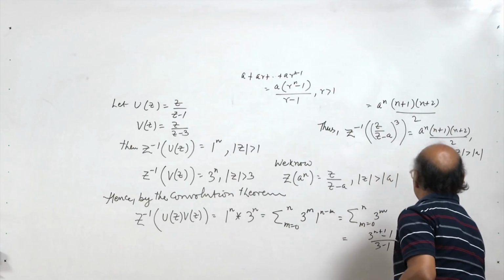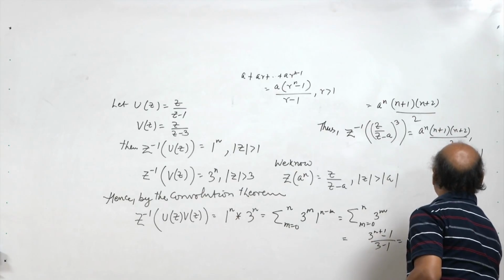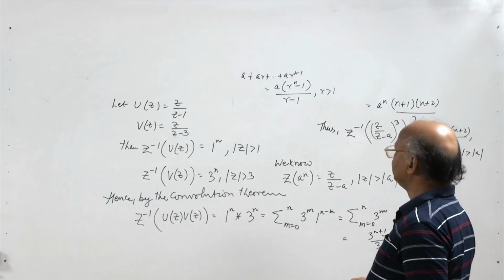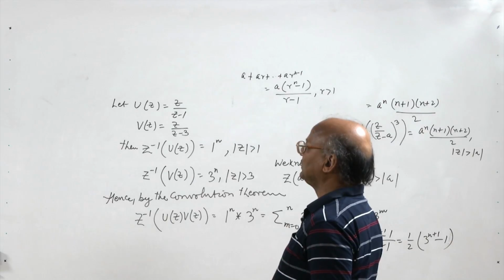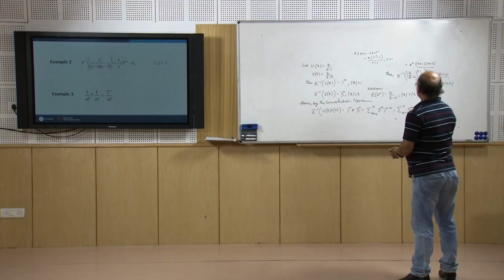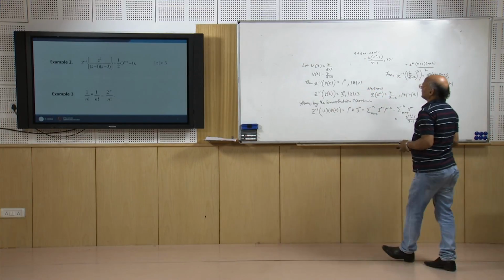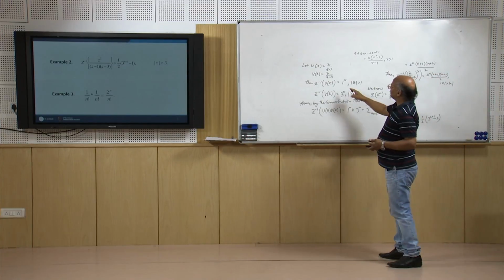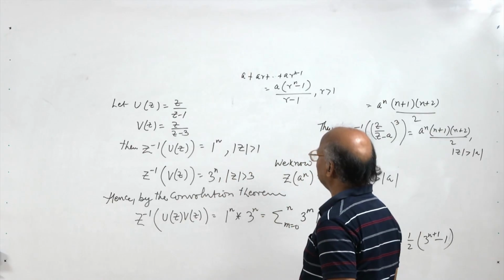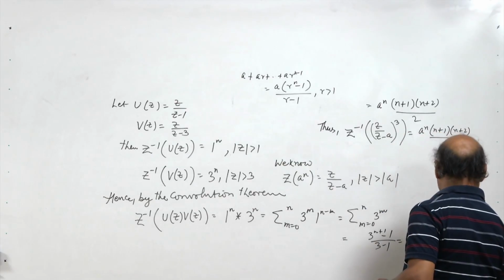So this is half of (3^(n+1) minus 1). So that is the inverse Z transform of z square over (z minus 1)(z minus 3), and the region of convergence here will be the region that is common to both the inverse Z transforms. The inverse Z transform of U(z) has region of convergence mod of z greater than 1, here we have mod of z greater than 3. So the common region is mod of z greater than 3.